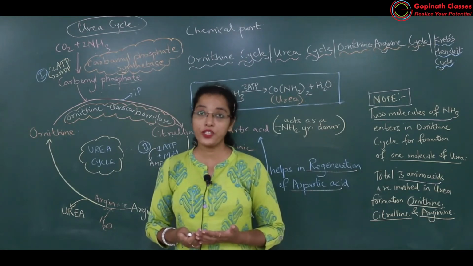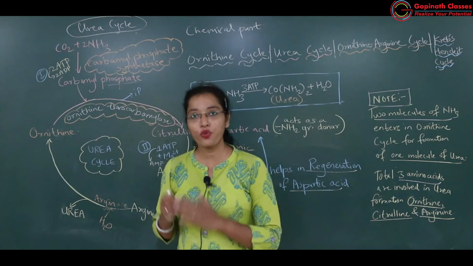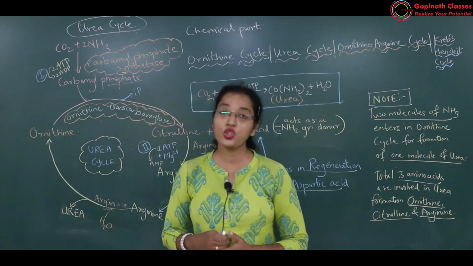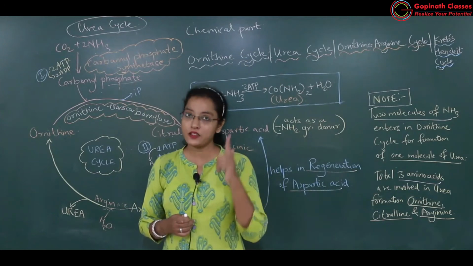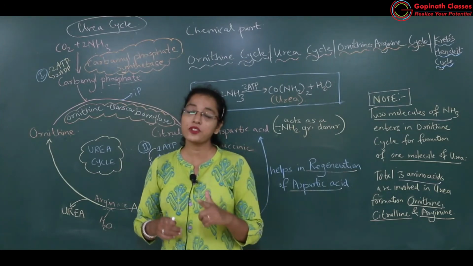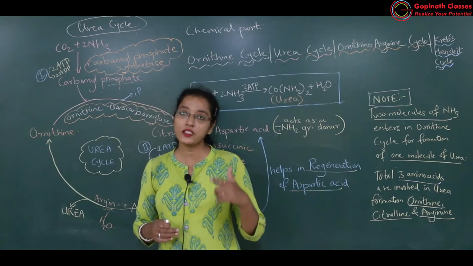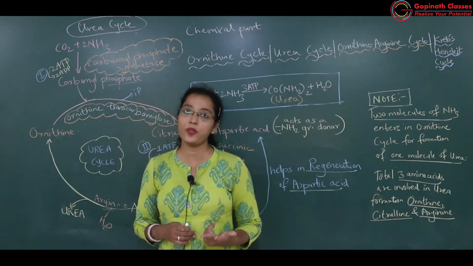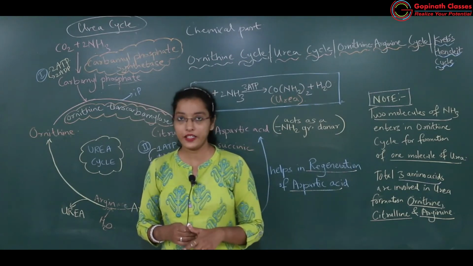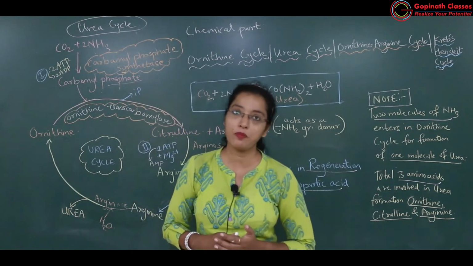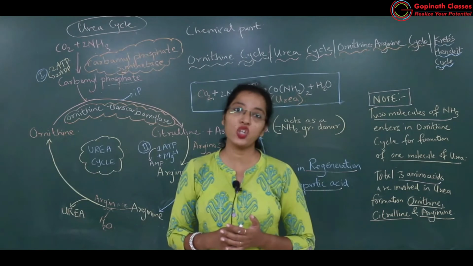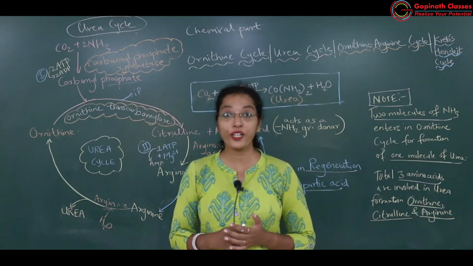So, we have studied here how urea is formed in the liver cells. So, remember students, urea formation will take place in the liver cells, and sometimes some quantity of urea is formed in brain and kidney. But remember, elimination of urea is done by main excretory organ, that is pair of kidneys.